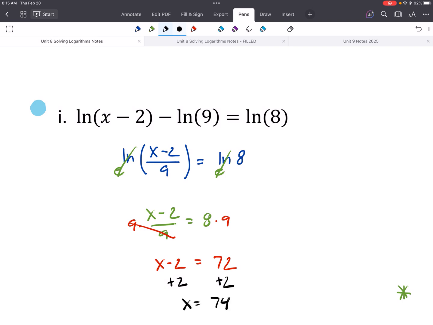Okay, so again, follow those rules. The first thing we would always want to do is see if there's any adding or subtracting between logs or any coefficients. If there's any of those, always take care of those first. Usually that will reduce things to a single log. And then once we've taken care of those logs by doing their bases, canceling those out, we just follow PEMDAS.